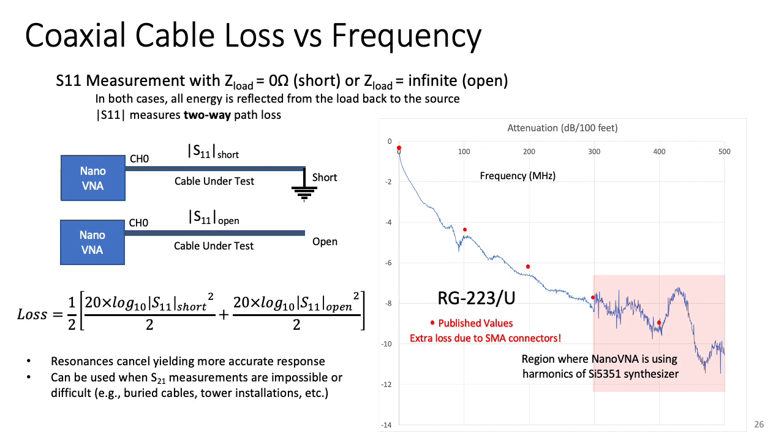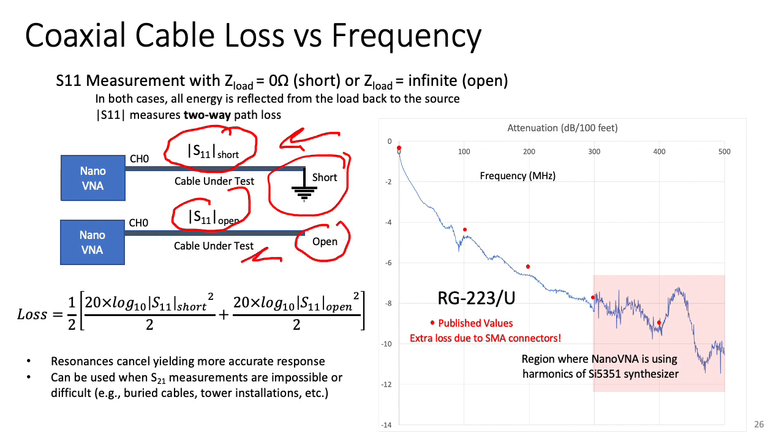So if I measure S11 on a piece of cable with a short circuit, where all the energy should have been reflected back, and I measure S11 with an open circuit, again, where all the energy should be coming back, I should get two estimates of what my two-way path loss is.